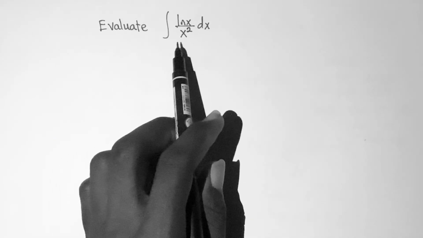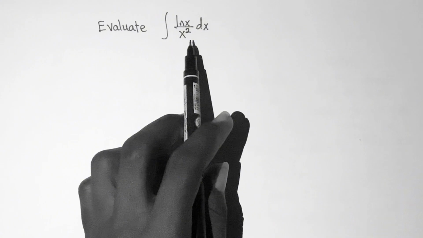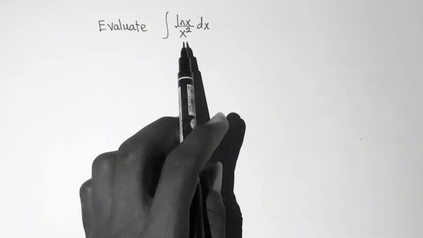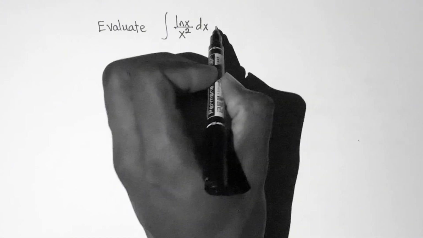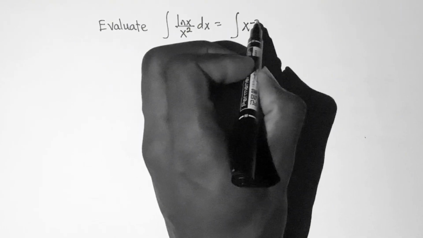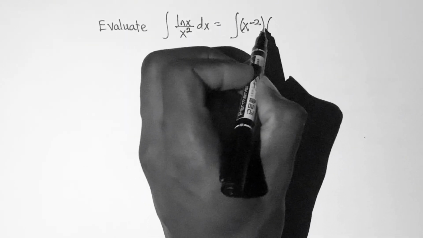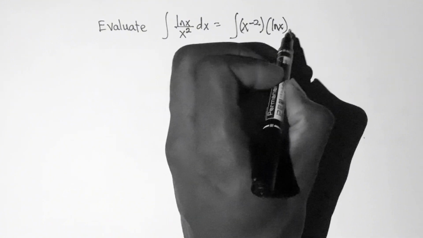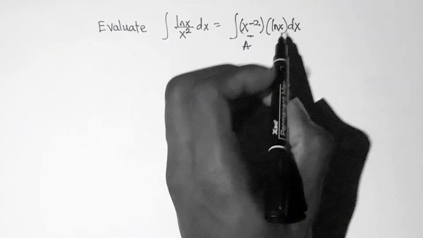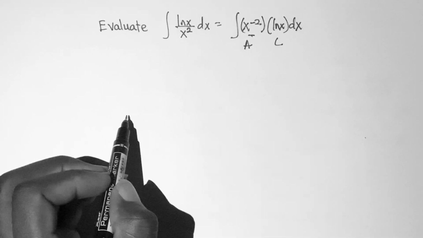Evaluate the integral of natural log of x divided by x squared dx. Still we need to use the LIATE rule. So let's rewrite this integral as the integral of x exponent minus 2, times natural log of x dx. You see that this is an algebraic function and this is a logarithmic function.